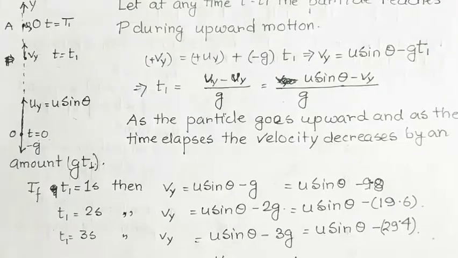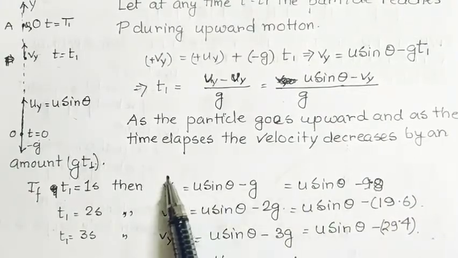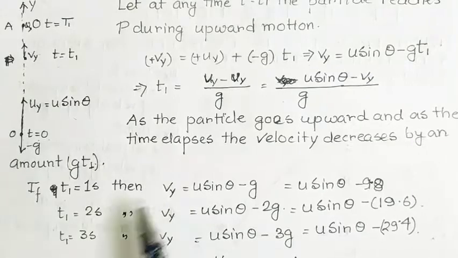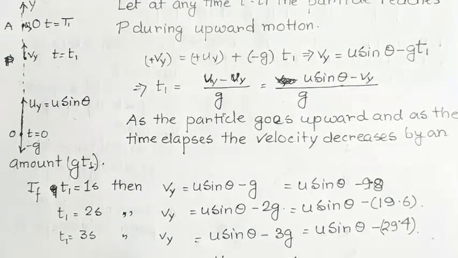So if you know the initial magnitude of the velocity and the angle, then just by subtracting 9.8 from it, you can easily find the y component of the velocity after completing 1 second.